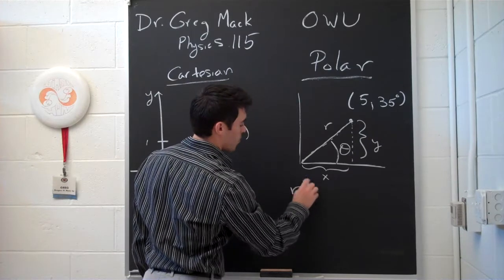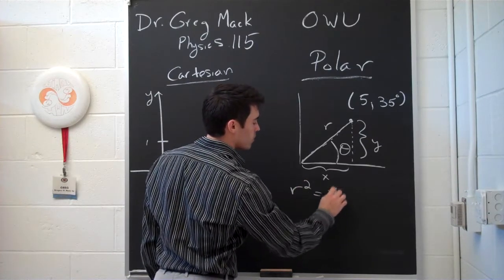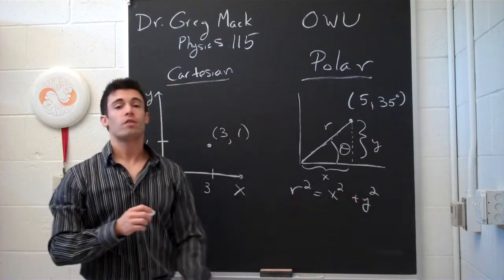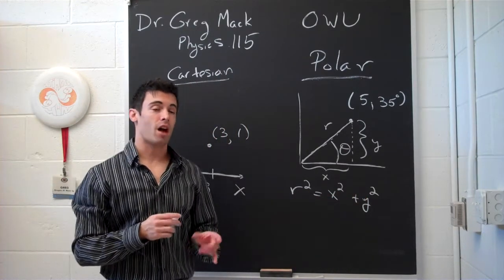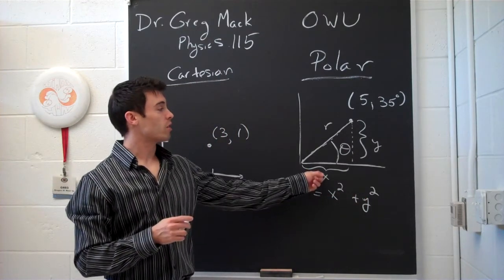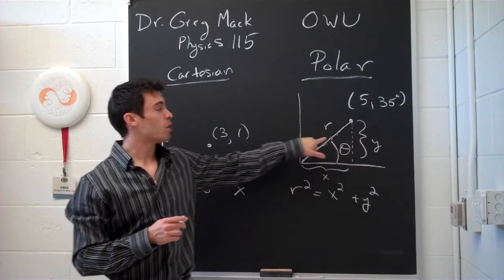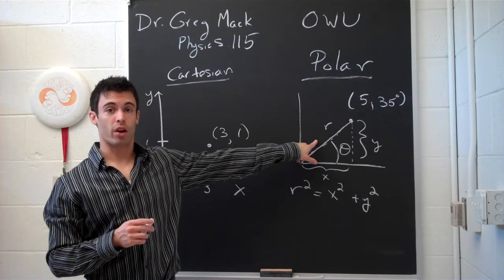So, from geometry we know from Pythagoras that if you take one leg of the triangle and square it, and add the other leg of the triangle, which is squared, you end up with the hypotenuse squared.